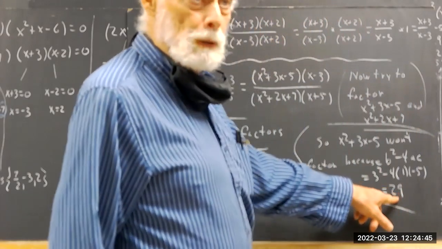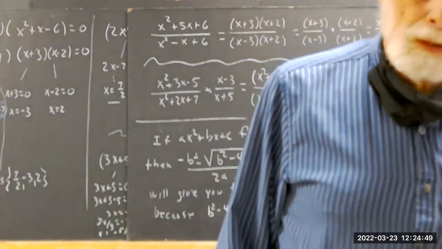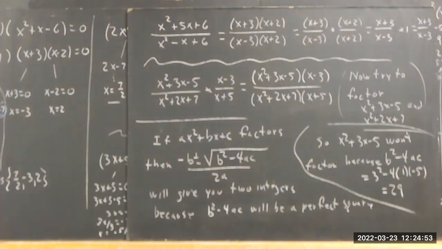And that's not a perfect square. Okay. So if you run into a problem, you can use that test to see if it'll factor, at least if it'll factor over the whole numbers. Okay. And very good.